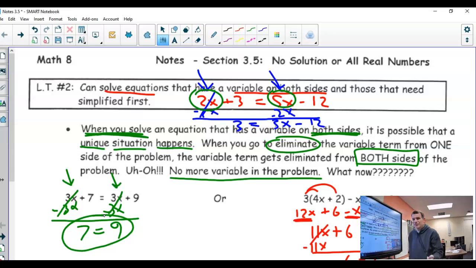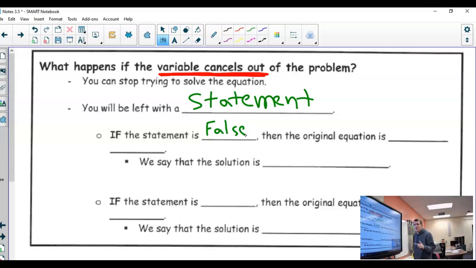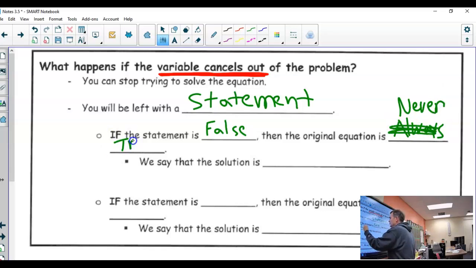Or 6 equals 6. That is a statement. If the statement is false, then the original equation is never true. I like the word never better in there. And we say that the solution is no solution.